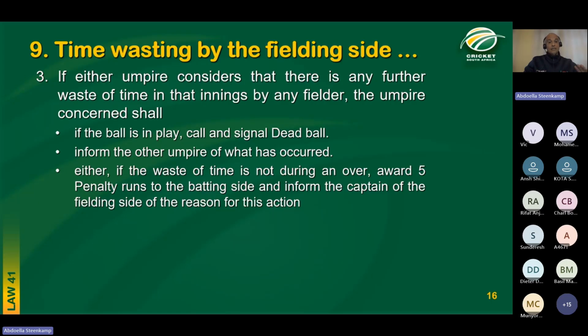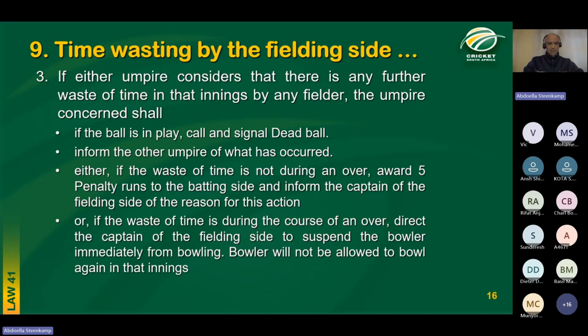If the waste of time was not during the over, emphasis on not during the over, we will now give 5 penalty runs to the batting side. And we'll inform the captain of the fielding side of the reason for this action. Tell the captain, I spoke to you earlier, I've given you a first and final. You and your team are still deliberately wasting time, and seeing that this is not during an over, the punishment now is 5 penalty runs to the batting side.